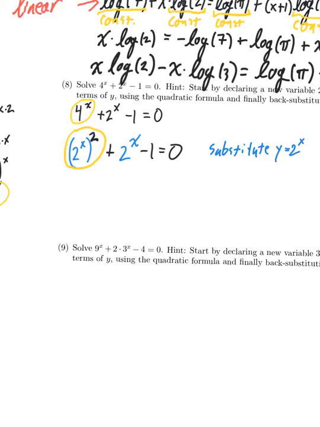So all I'm doing is renaming 2 to the x. I'm giving a variable that job. Because if I make the substitution, the equation becomes easier. It becomes y squared plus y minus 1 equals 0. That's now easy to solve for y. I can use the quadratic formula, I guess.